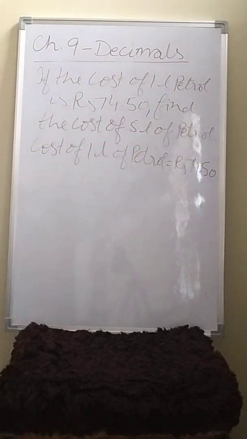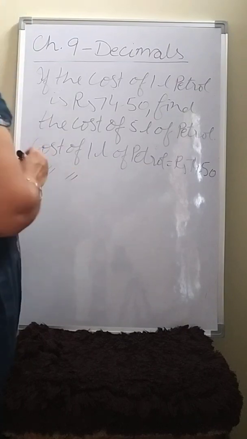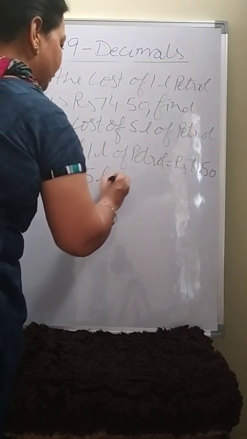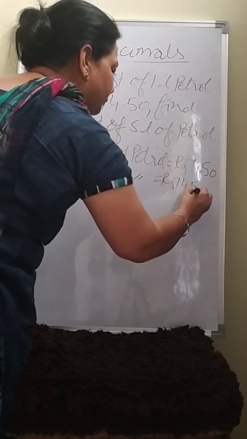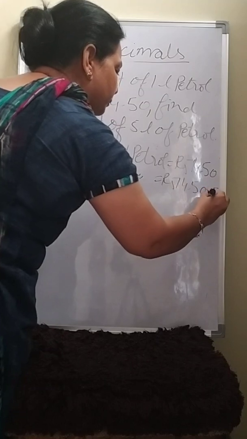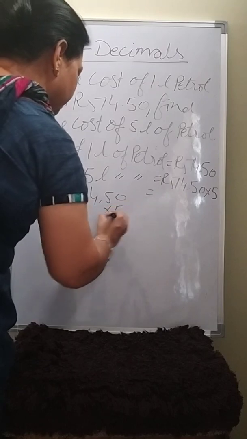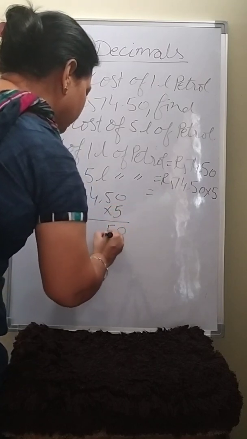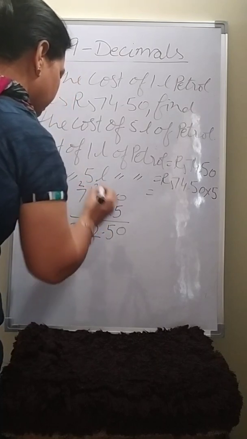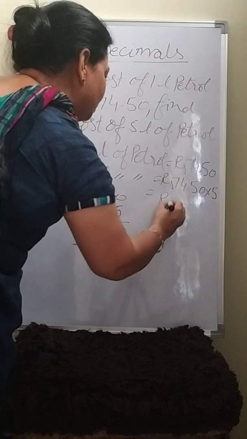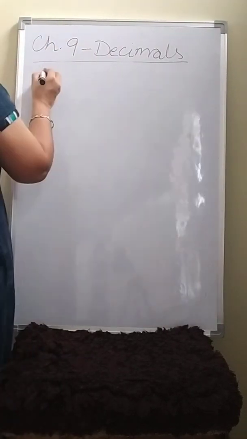When the cost of one thing is given and you have to find the cost of more than one thing, the sum is of multiply. Now you have to find the cost of 5 liters of petrol. This is rupees 74.50 into 5. That means rupees 372.50.